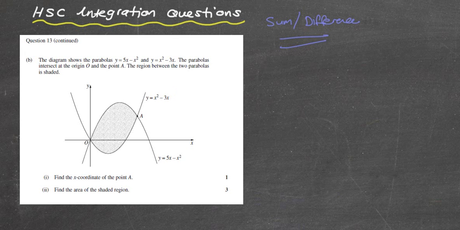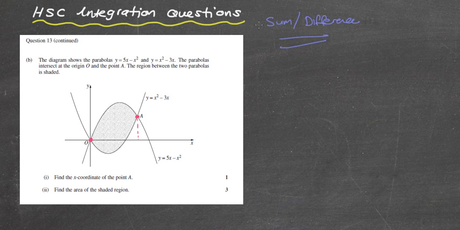The parabolas intersect at the origin O. That's great, we've got a point of intersection there. It says we have also another point of intersection at A. Now, I don't have that, and I'm going to guess that's what they're going to ask me to find, because I'm going to need to know what that is to find out my areas. The region between the 2 parabolas is shaded. Find the x-coordinate of point A.